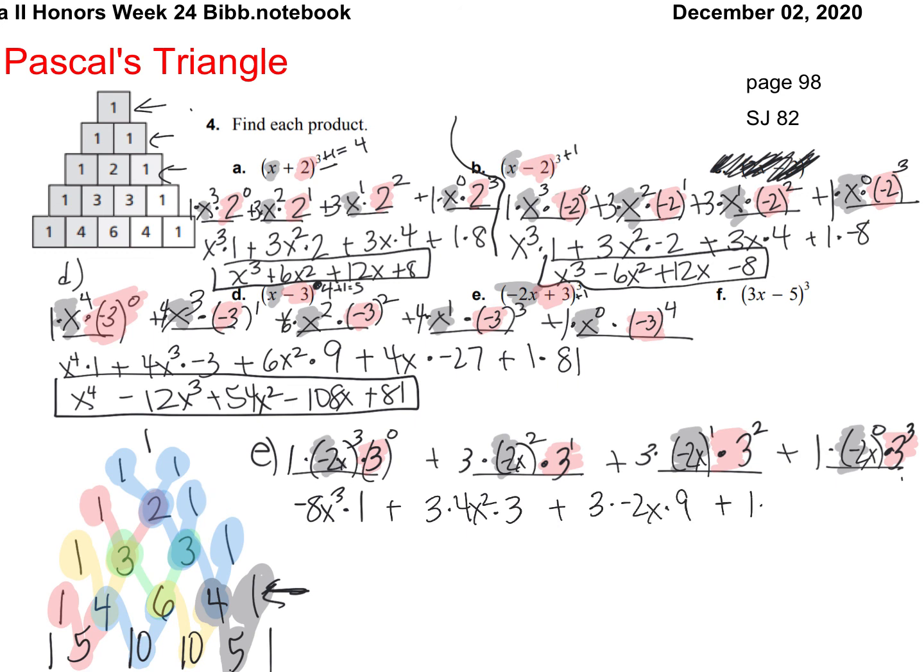And then 1 times 1 times 27. So I'm going to have negative 8x cubed for my first term. My second term is going to be 12 times 3, 36x squared. The next term is going to be negative 6 times 9, so negative 54x. And the last one's going to be 27.